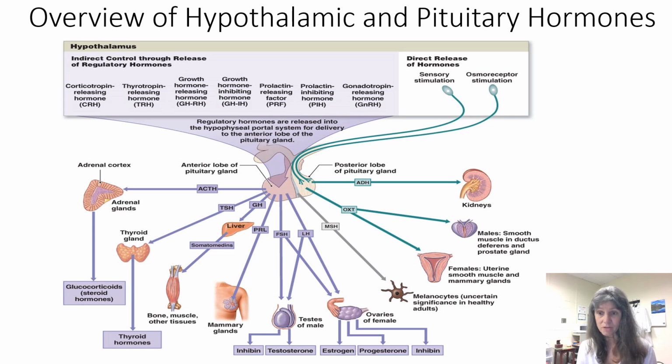All of those are hormones produced by the hypothalamus that are going to communicate with the anterior pituitary, also known as the adenohypophysis.